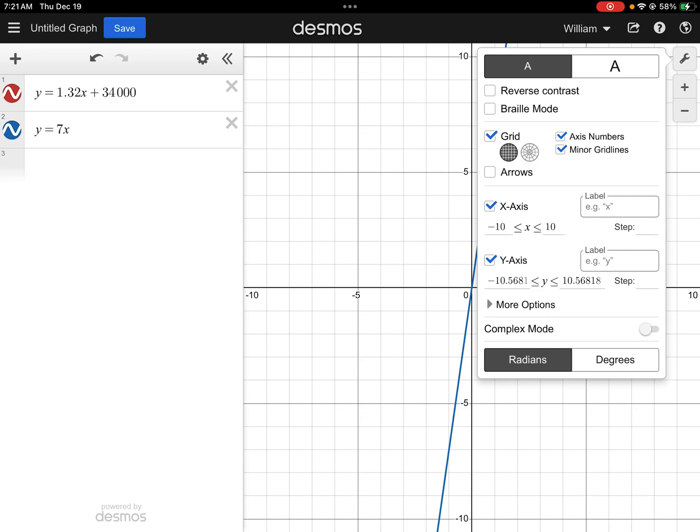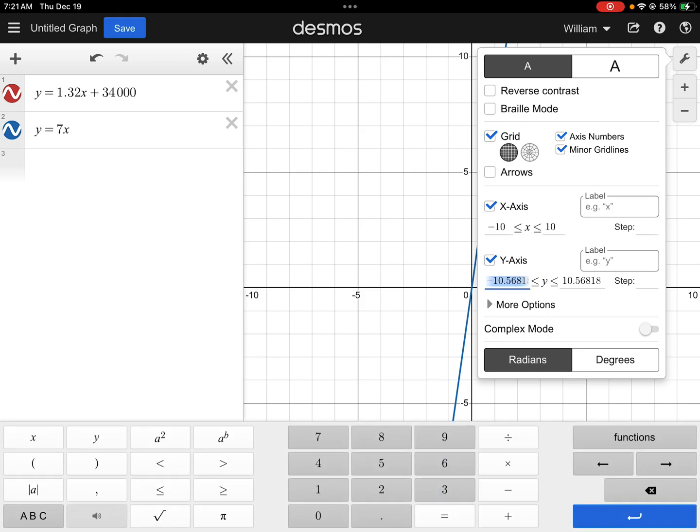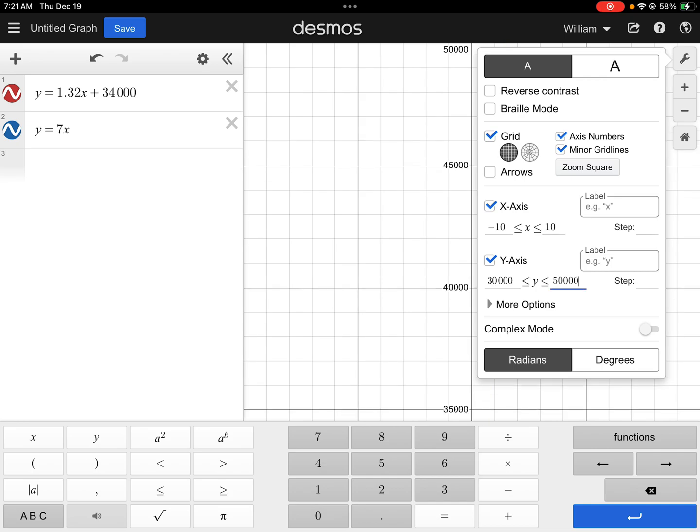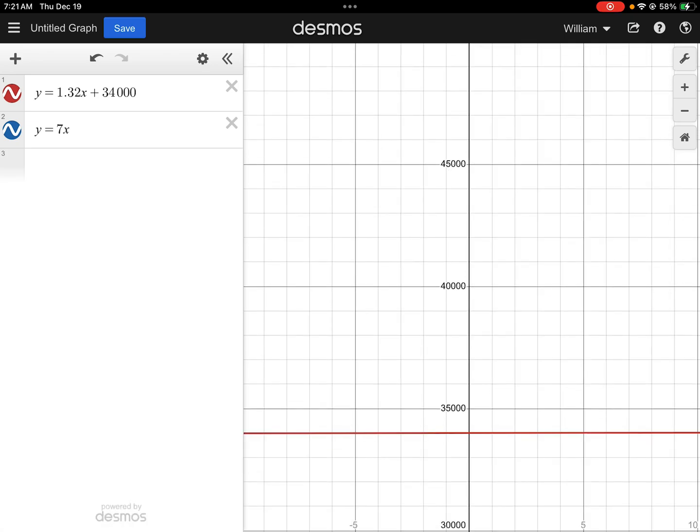So let's change my y-axis from like 30,000 to 50,000. And the nice thing is I can always adjust it with my mouse also. But at least I can see my two graphs.